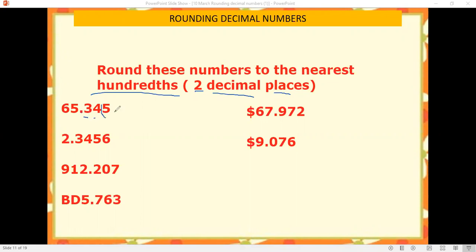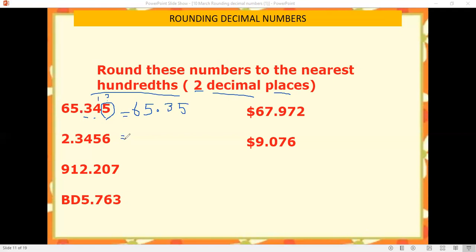So you have to circle that and think, is 5 greater than 4, 5 or more, or 4 or less? It's 5 or more, so that's why we have to add there. So the answer now is 65.35. Next one. You can try it and you can pause, then try to answer.